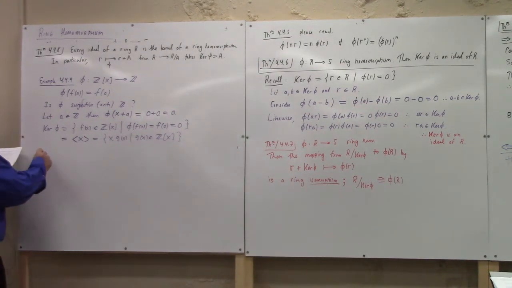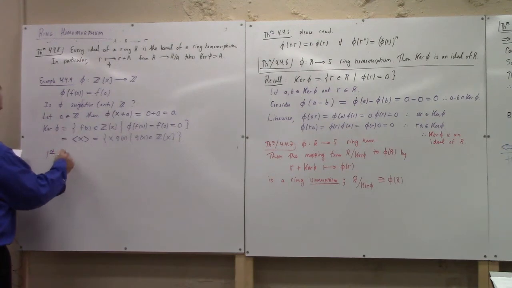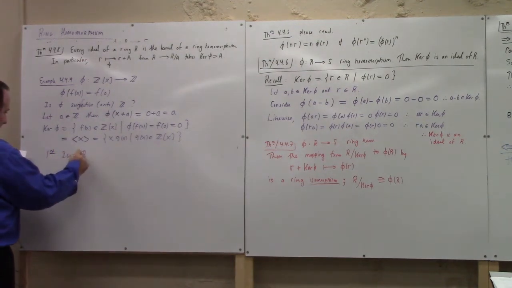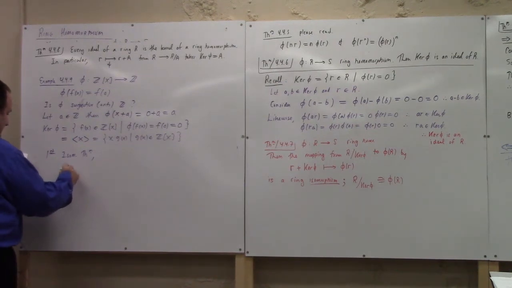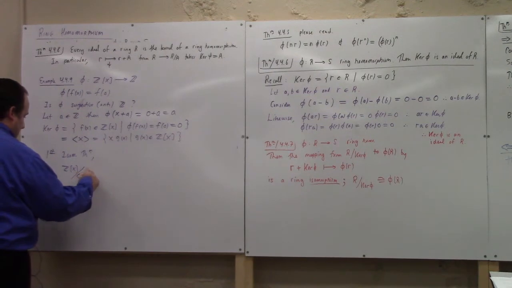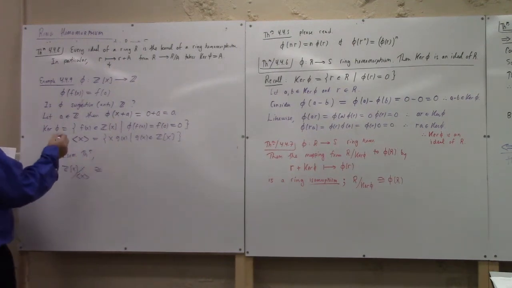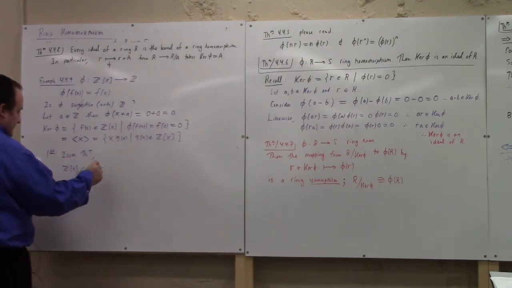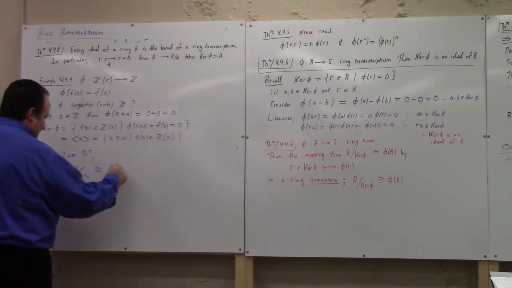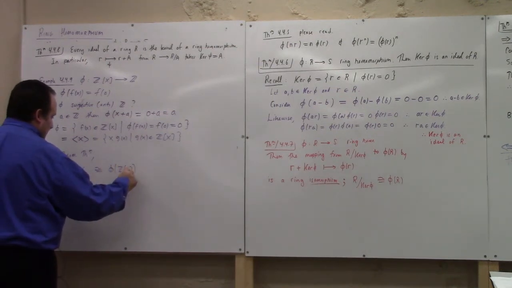So first isomorphism theorem, what's it say? It says that if we take Z[x] and we quotient by the kernel, which is this, right? We get the image of phi, right? But we just proved it's surjective, right?